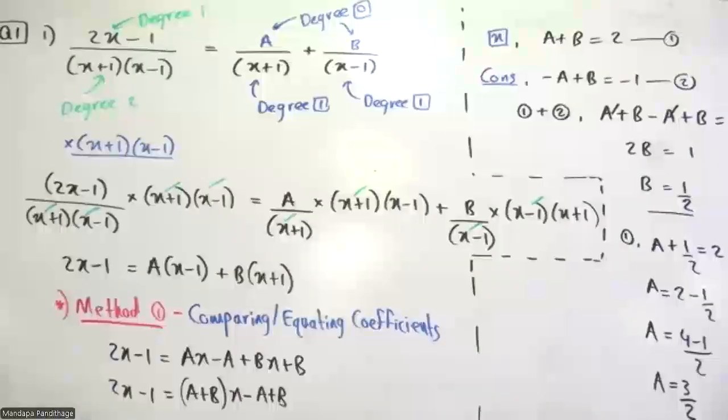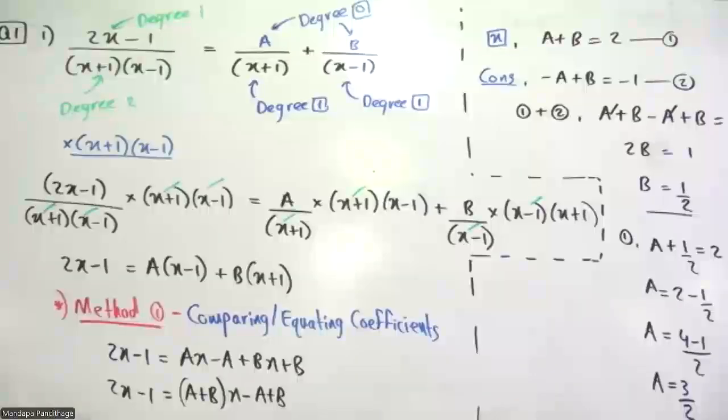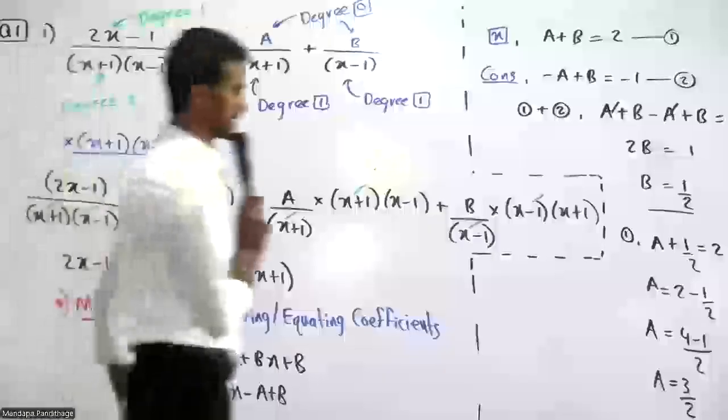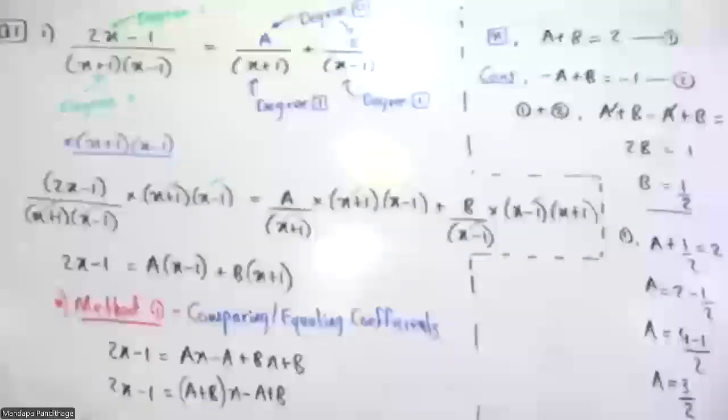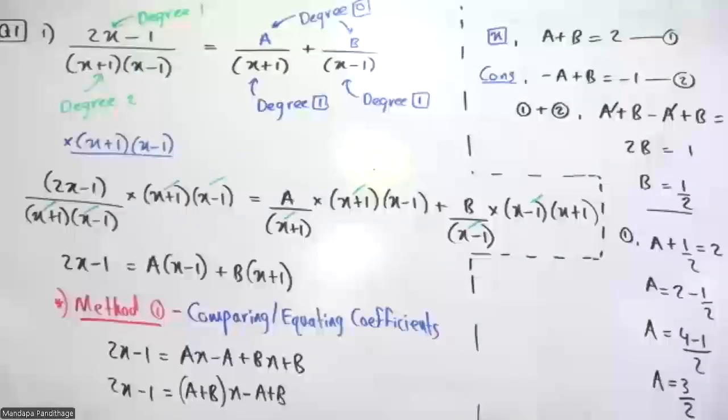This is the first method, comparing or equating coefficients. After writing the two simultaneous equations, simplify them alone, because you can simplify simultaneous equations.